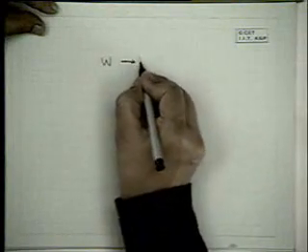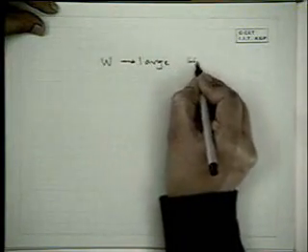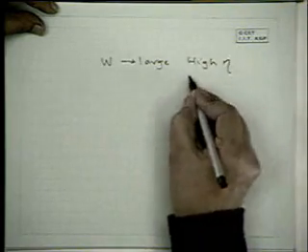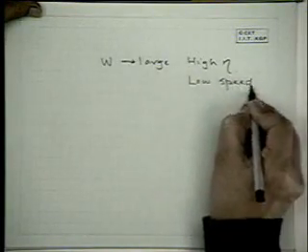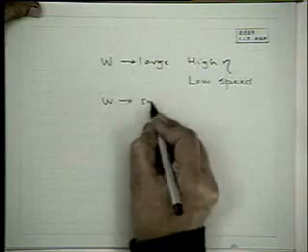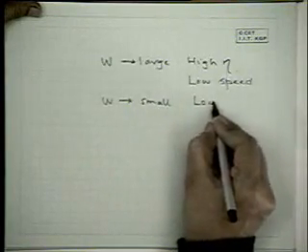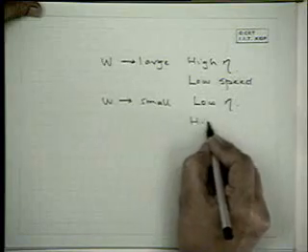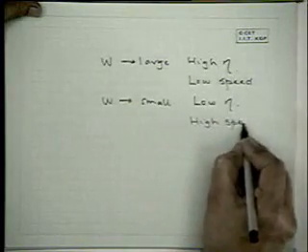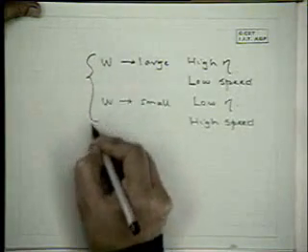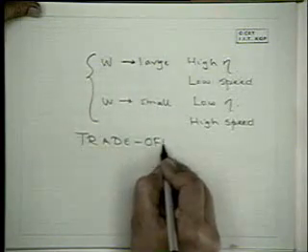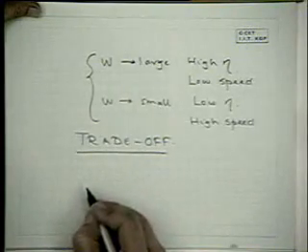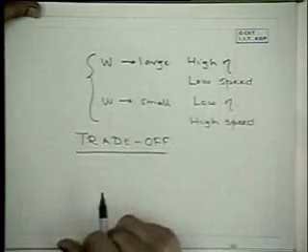So if W is large, then we have high efficiency but relatively low speed, and if W is small, we have relatively low efficiency but the transit time is small, so high speed. So this means there is a trade-off between speed and efficiency, which I will discuss next time.